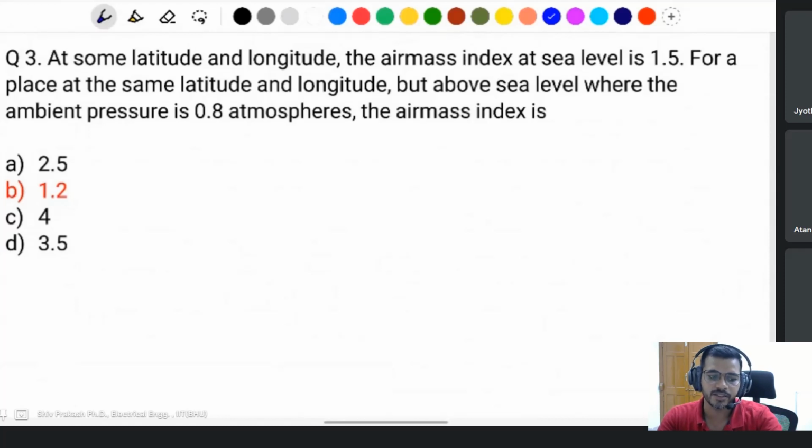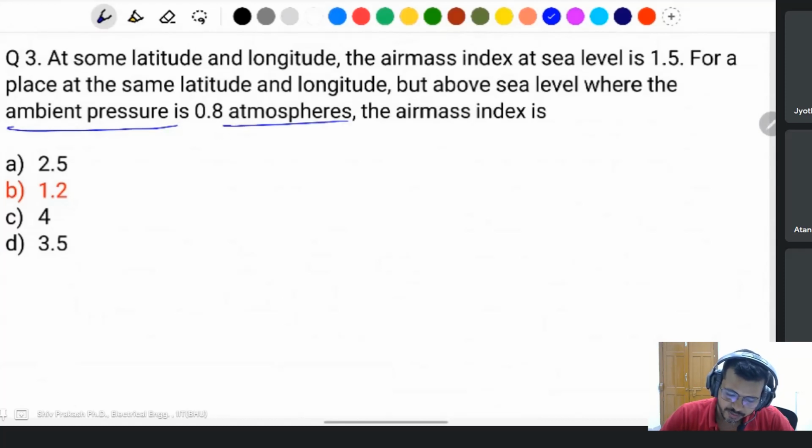Air mass index is defined as the length of the insolation axis to the length of the zenith axis. Ambient pressure is 0.8 of the atmospheric pressure.